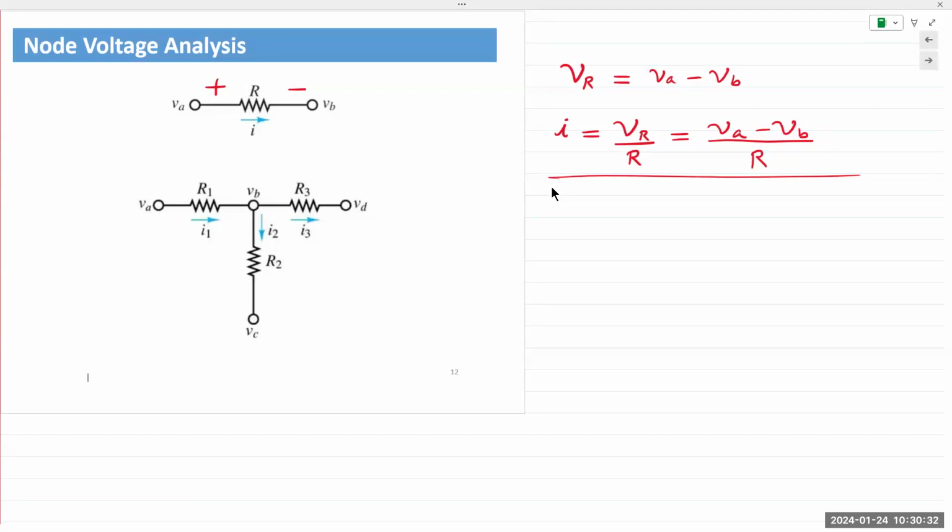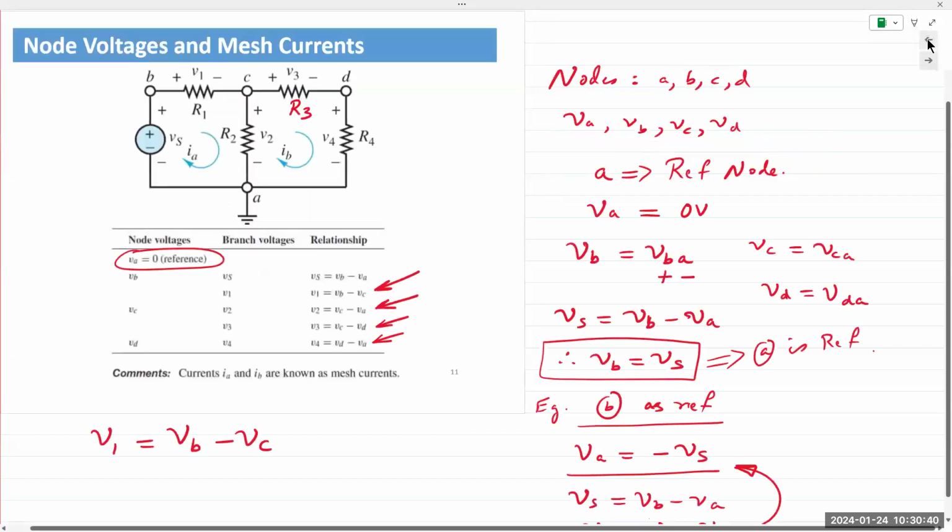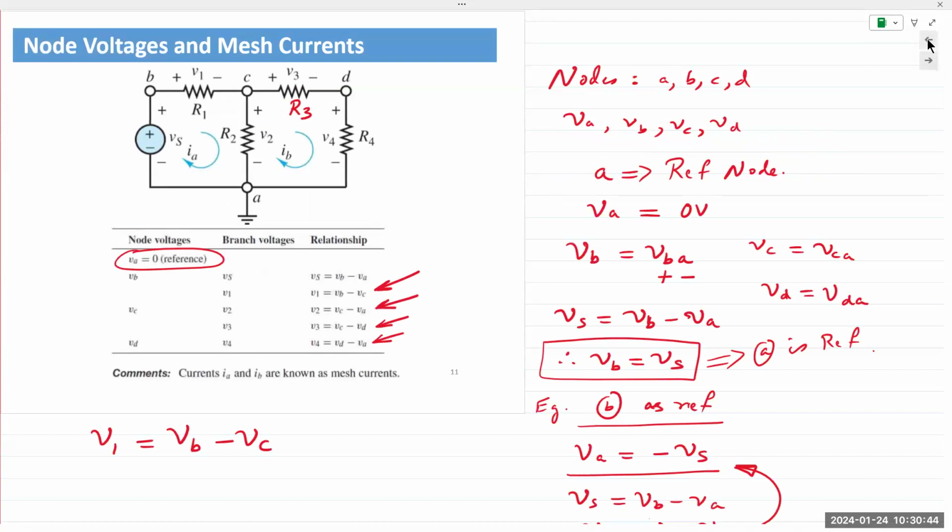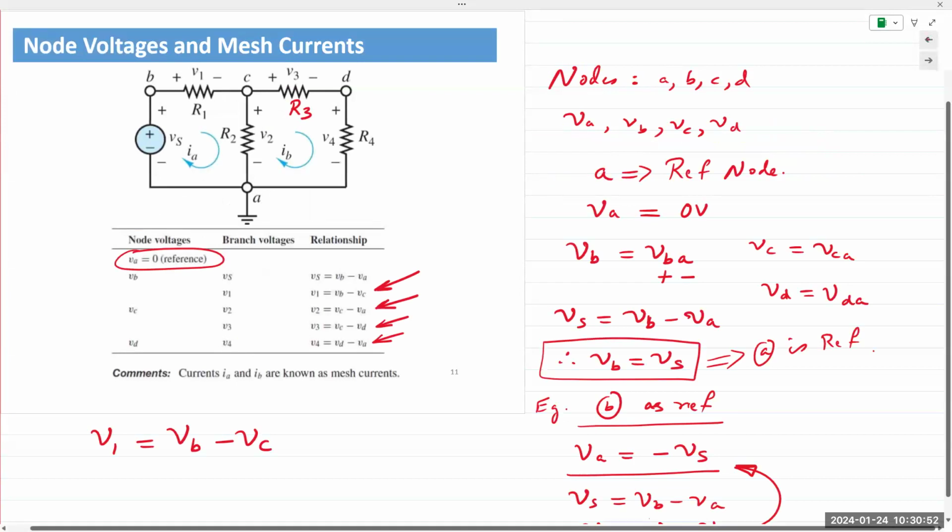So in this case, we have 4 nodes, VA, VB, VD, and VC. So 4 unknown variables, right? So we need 4 equations. But one node out of those 4 would be a reference node, so we know that would be 0 volts.